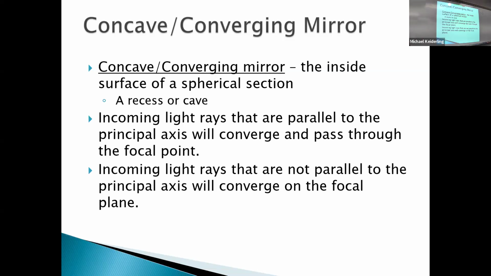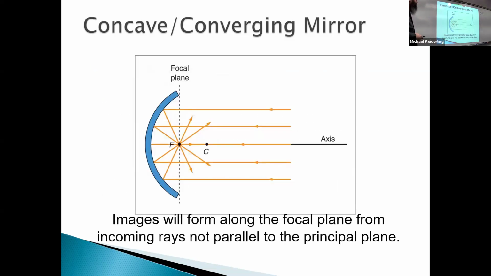Incoming light rays that are not parallel to the principal axis will converge on the focal plane. So here, incoming parallel light rays converge at the focal point, and images will form along the focal plane from incoming rays not parallel to the principal axis.